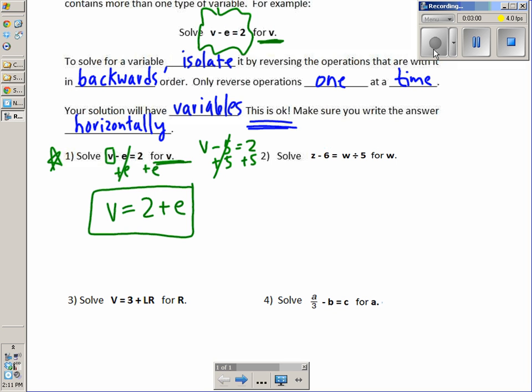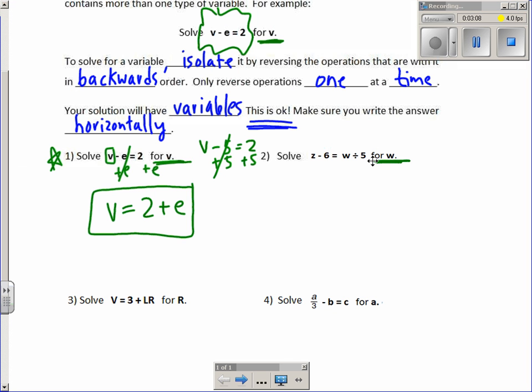All right, moving on to number 2. We have z minus 6 equals w divided by 5. The variable that we're going to solve for, the variable that we're going to isolate, is w, because it says solve for w. I'm going to write this a little differently because of that divided by 5. I think you guys will see it more familiar this way. Same thing as what's above. If we're trying to get w by itself, we would have to multiply each side by 5.